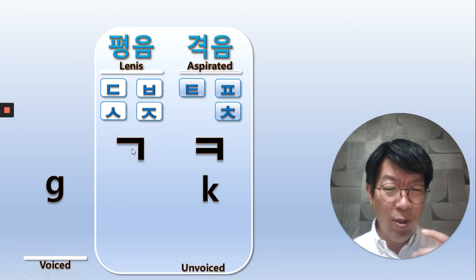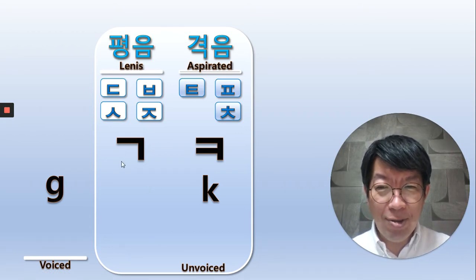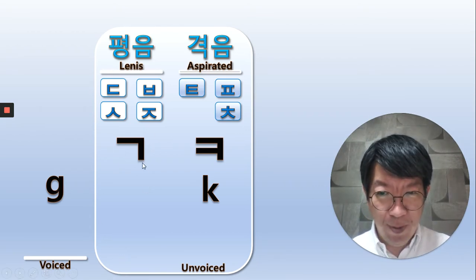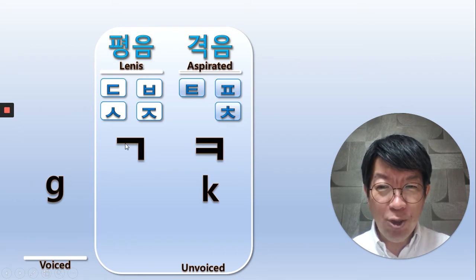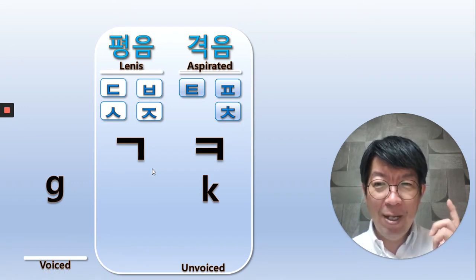But in Korean, when we pronounce a consonant, we don't pronounce the consonant alone. We need to put a vowel here. In Korean, every syllable must have one consonant and one vowel.